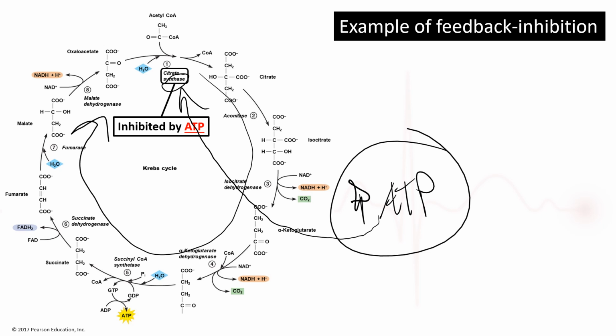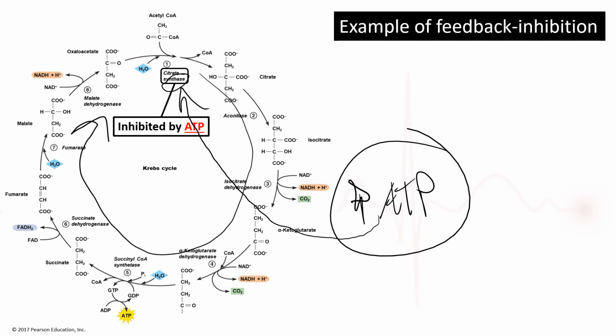It binds to its regulatory site and decreases its affinity for its reactants. And it does that by changing its active site. So when ATP is bound to citrate synthase, it's allosterically inhibited, and its enzymatic rate decreases. The rate at which it can turn its reactants into products decreases, and the whole rate of the Krebs cycle decreases, which is actually what you want here, right?